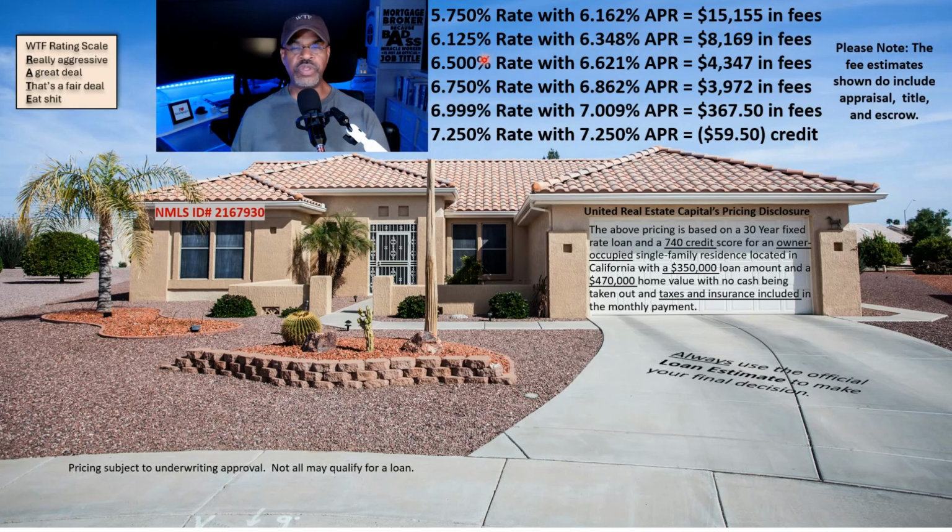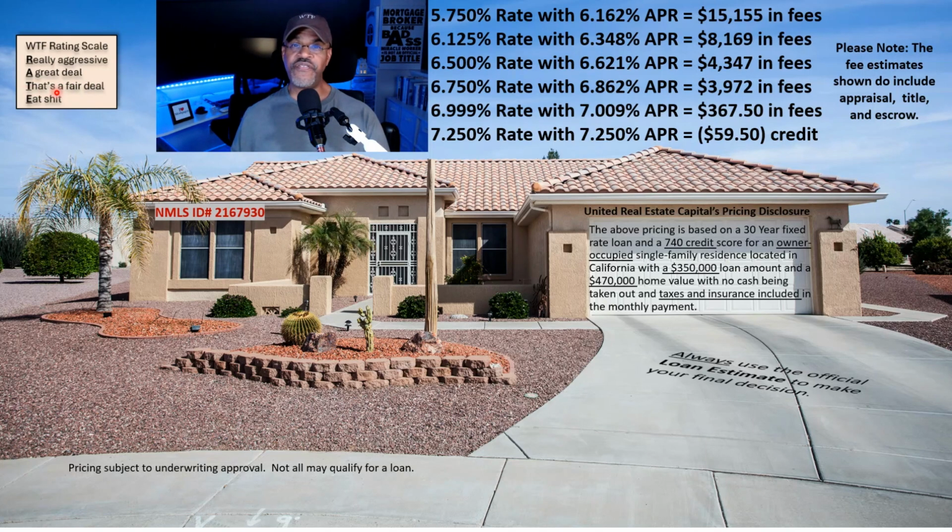If you see a rate with the same APR, then that is some really good or great pricing. That's a good deal. Now, if you see, say, a 6.5 rate and the APR, let's say, is 6.695 or something like that, or 6.7, well, that's a little bit higher.